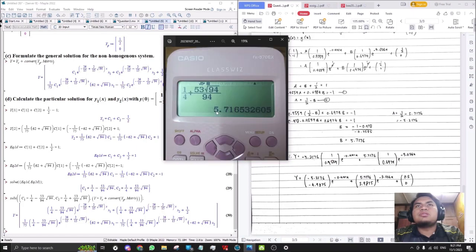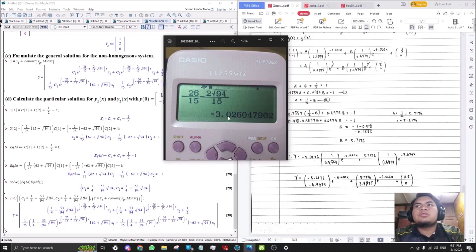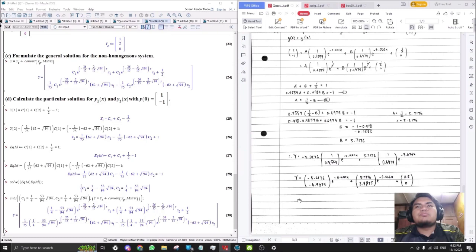This is for the B, we get 5.7165, almost the same. This is for the exponential, we get almost the same number, negative 3.026. Okay, I will pass to the next member to explain question 4.